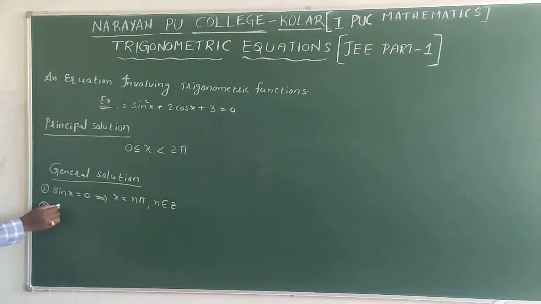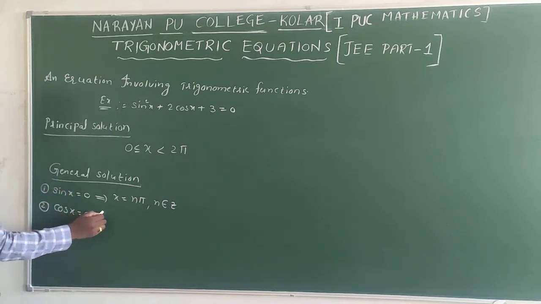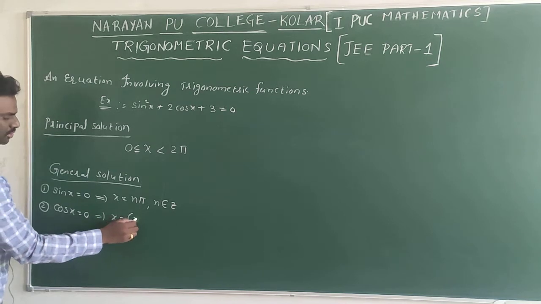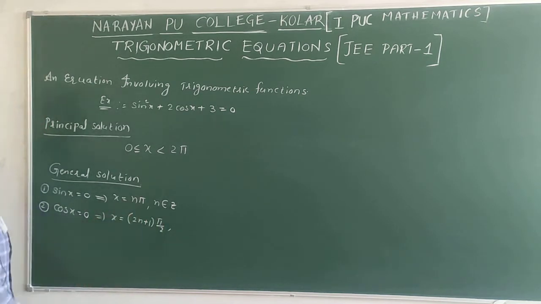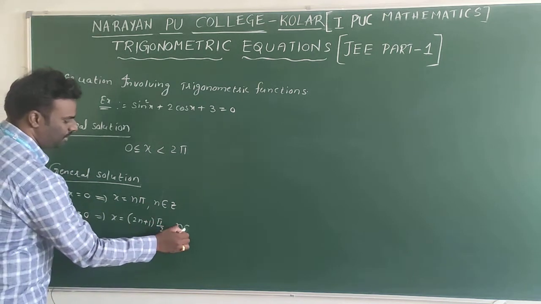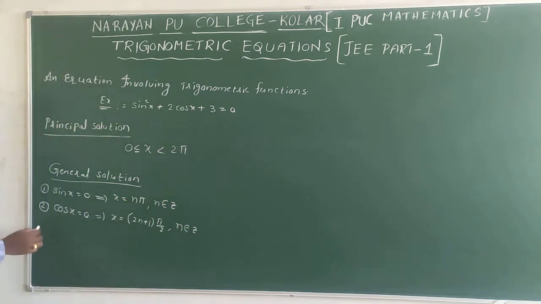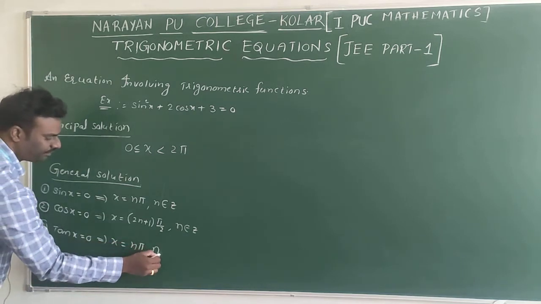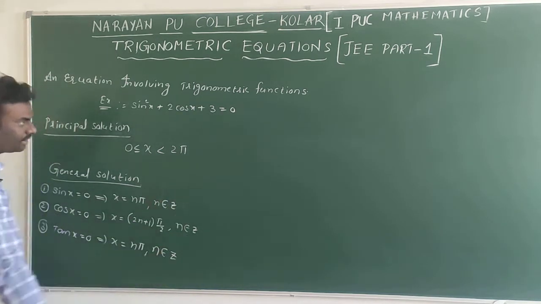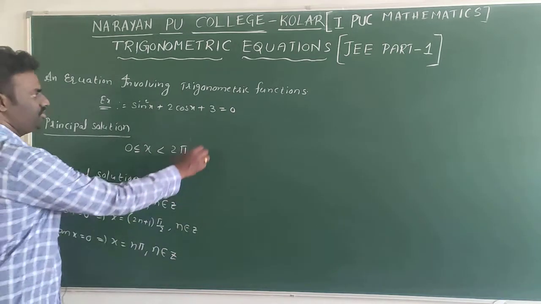Second, if cos x equals to 0, x equals to 2n plus 1 into pi by 2, where n belongs to z. Third one, if tan x equals to 0, then x equals to n pi, n belongs to z.